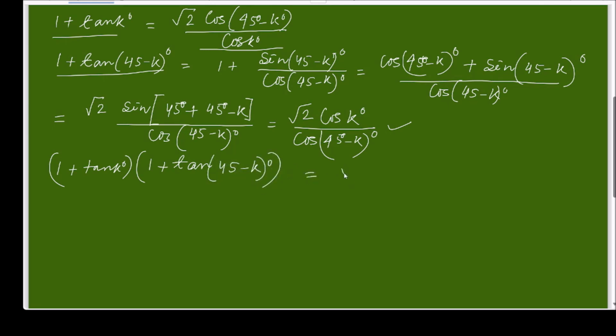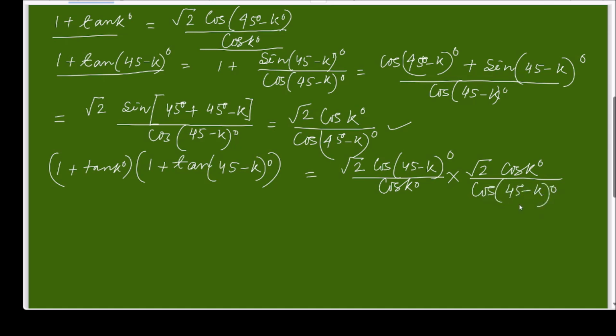This will be square root 2 cos(45 minus k) over cos k into square root 2 cos k over cos(45 minus k) degree.